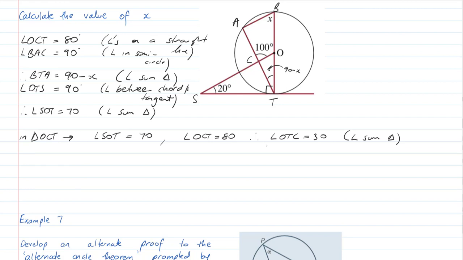And therefore 90 minus x equals 30, and x must equal 60. So there's my rearrangement solve, calculate x.